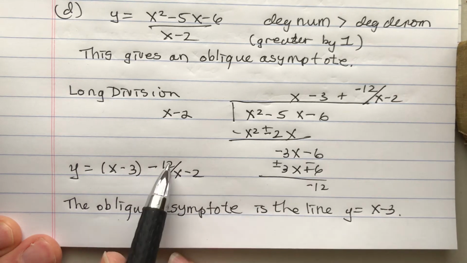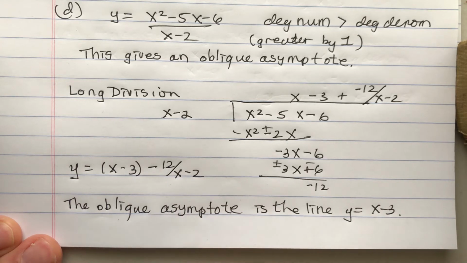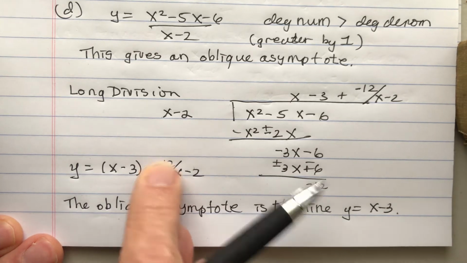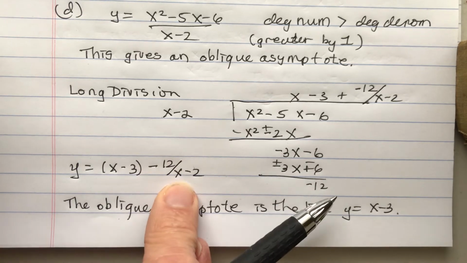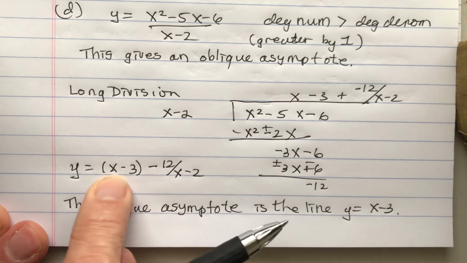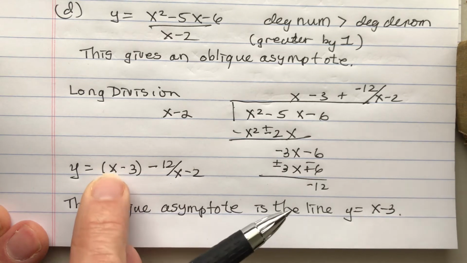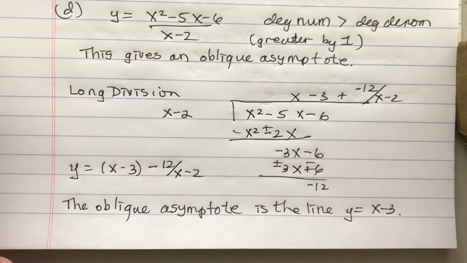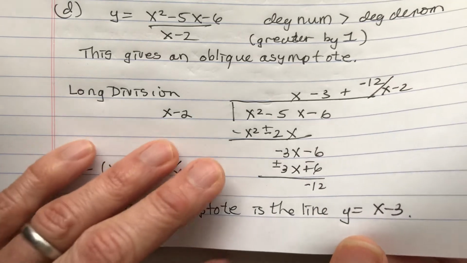If I were just looking at negative 12 over x minus 2, I'd say that has a horizontal asymptote y equals 0, the x-axis. Because as x gets large, say x is a billion, 12 over a billion is almost 0. What we're left with is x minus 3, which is a line. It's an asymptote, but it's not a horizontal line, it's not a vertical line. Hence, oblique. Although, I don't know if everybody knows that word.